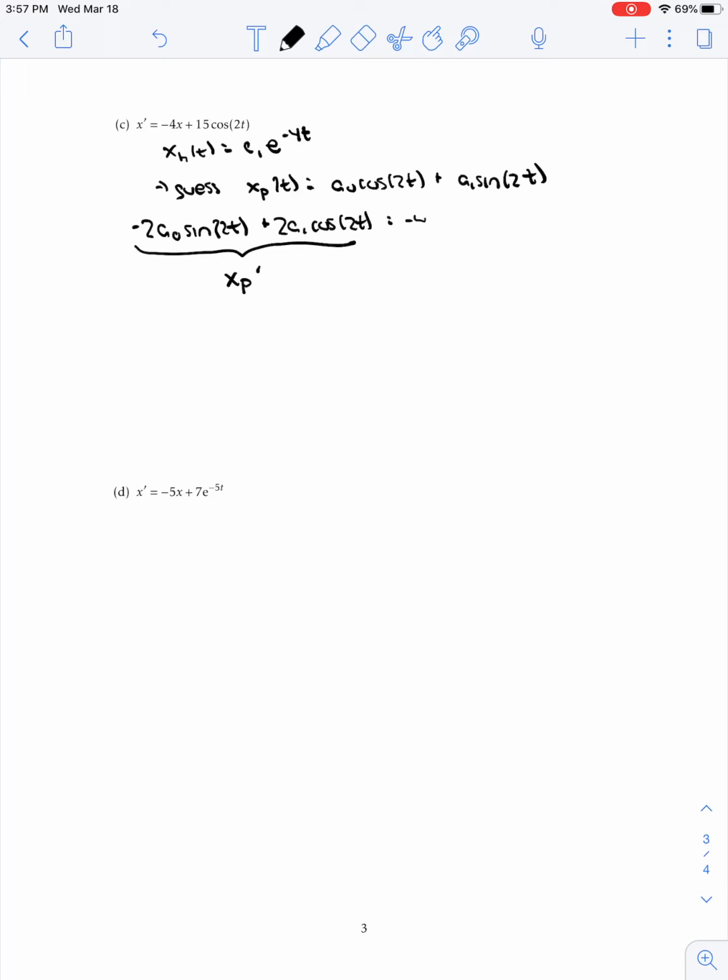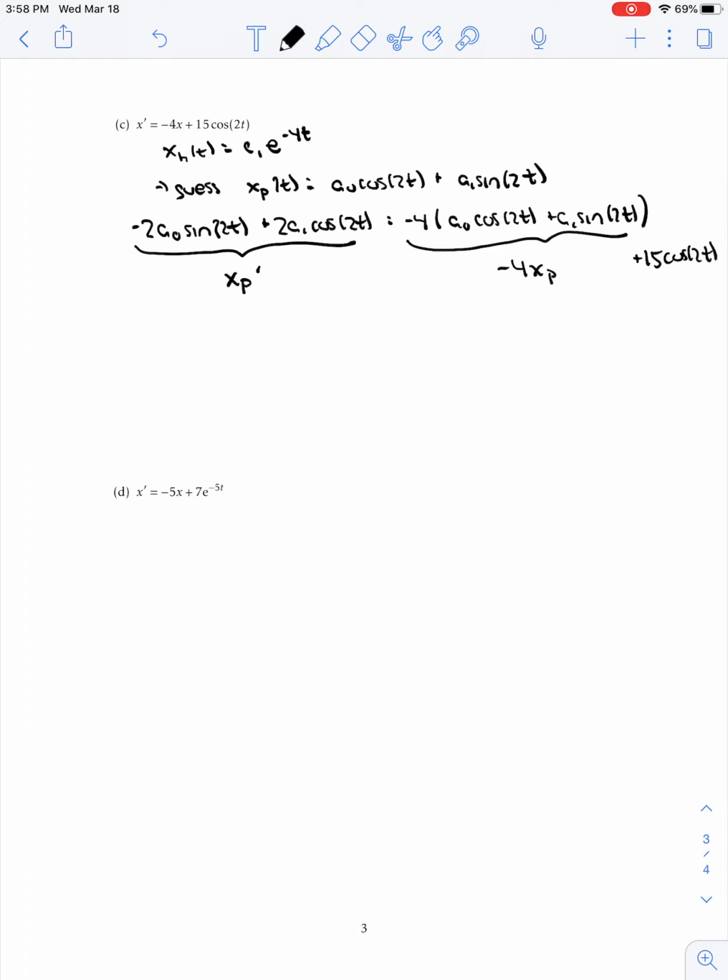And then we have minus 4 times our guess. So we get this. And then finally we have the forcing function, I ran out of space, plus 15 cosine 2t.